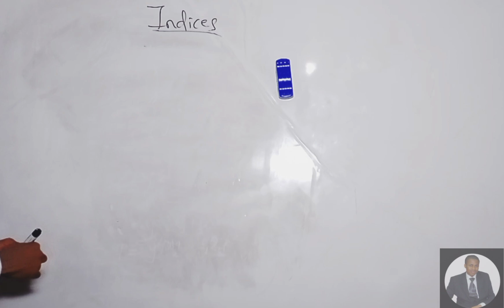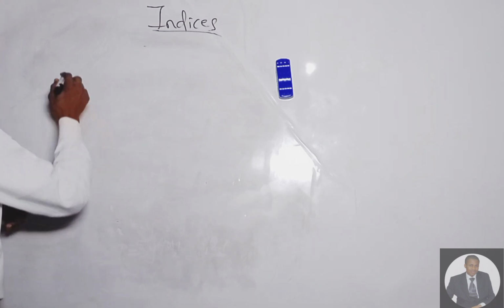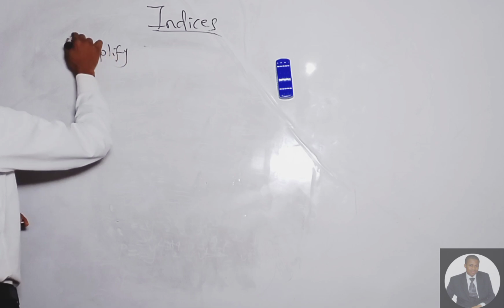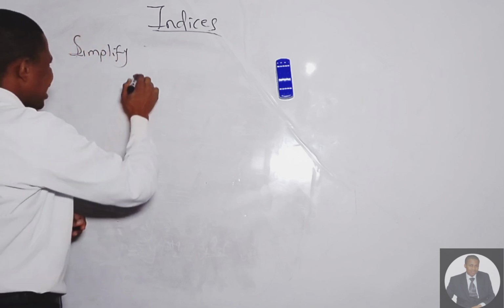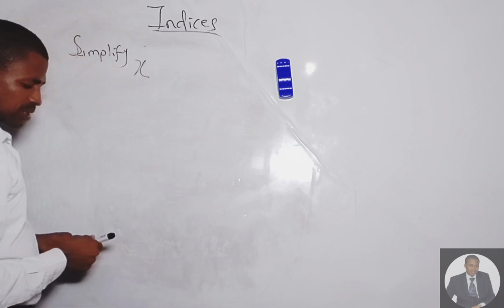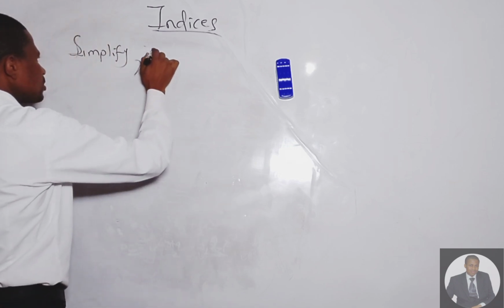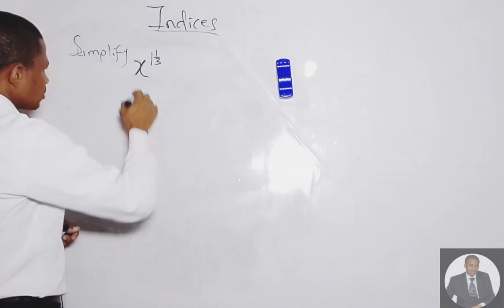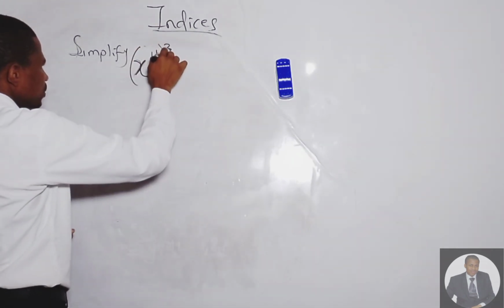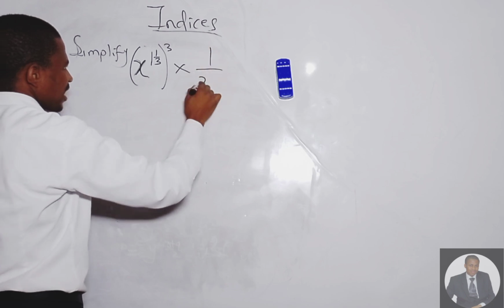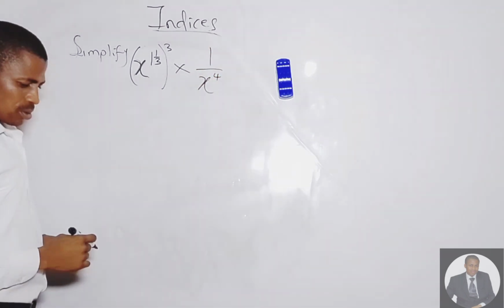Let's look at another question. Simplify: x raised to the power 1 over 3, then we'll find the cube, raised to the power 3, times 1 over x raised to the power 4.